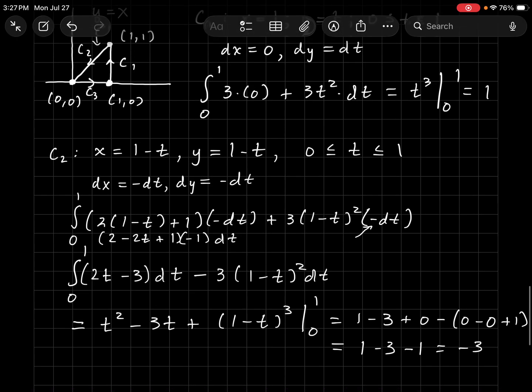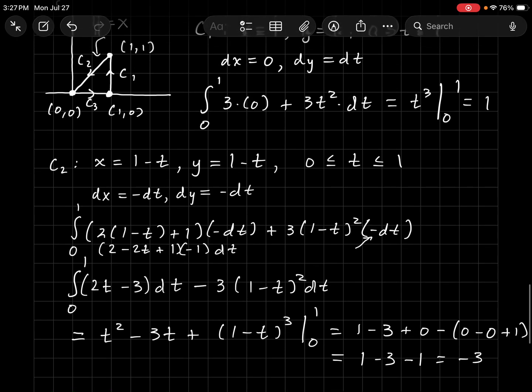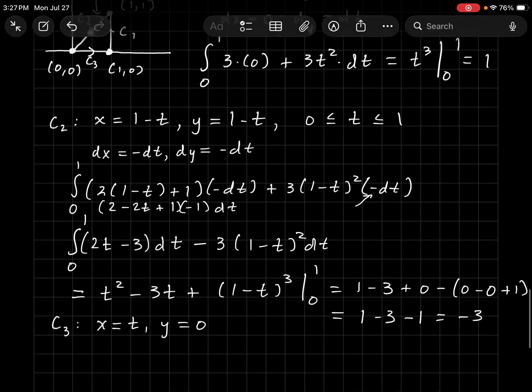All right, let's look at our final path right here, C3, which is going to start at 0, 0 and go to the point 1, 0. So we could let x equal t, and y is 0, which is going to give us dx equals dt and dy equals 0.